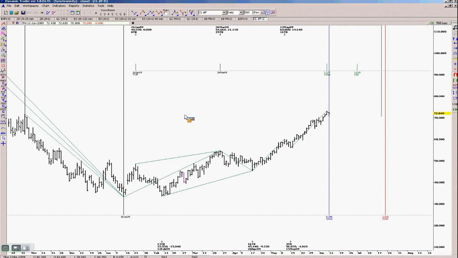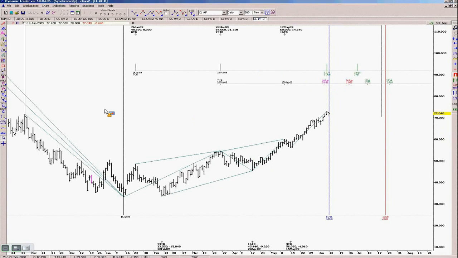Okay, let's do another high to high swing. We're going to do the March 26th high to the May 12th high. And there's 618, June 10th.